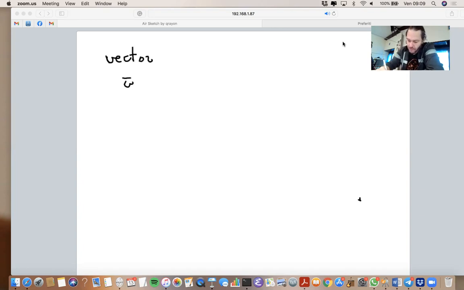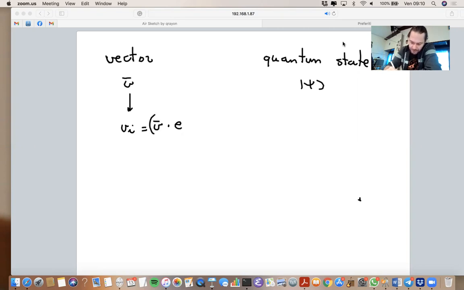So we contrasted the notion of vector V with the notion of quantum state. And we saw that there were several analogies. For instance, that you can represent a vector given a basis through the coordinates, which are nothing but the inner product of the vector with the corresponding basis element.